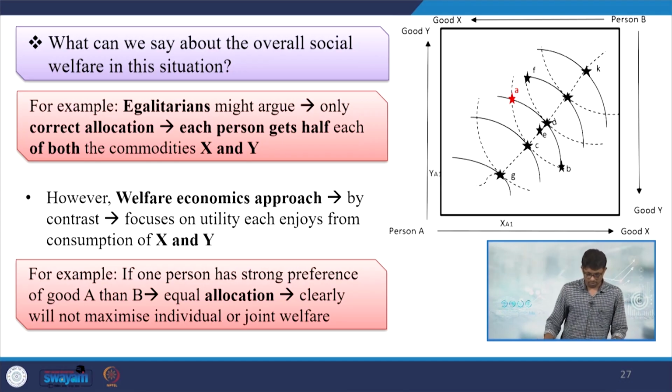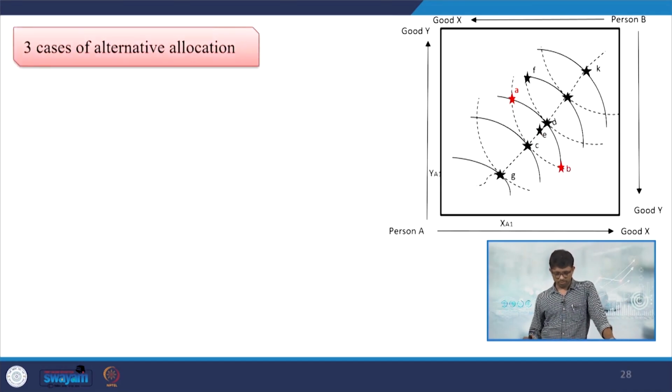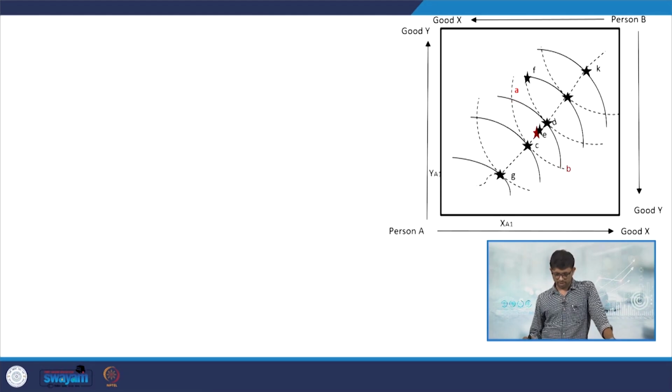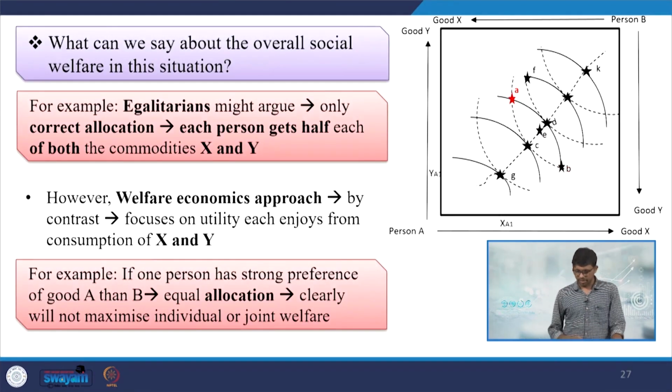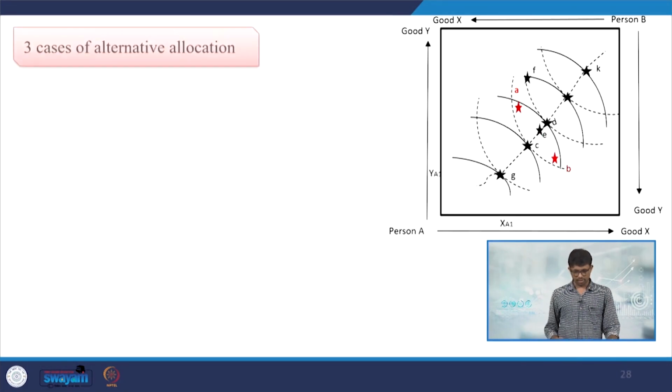Whereas in the welfare economics concept, you see points A and B which we have highlighted over here are actually indifferent to both persons, and both persons can easily exchange their baskets of commodities because these lie on the same indifference curve.